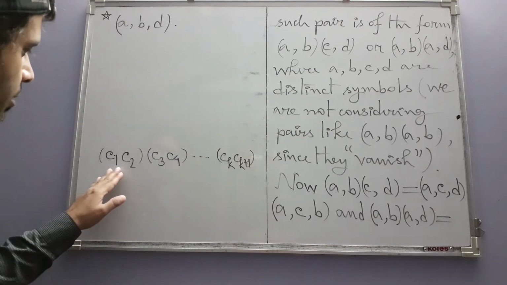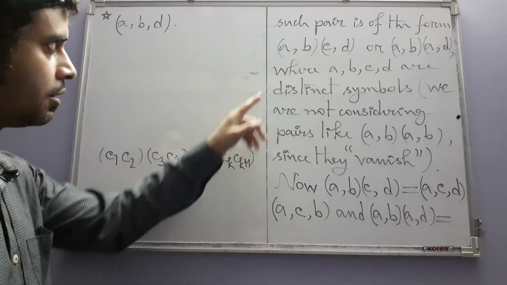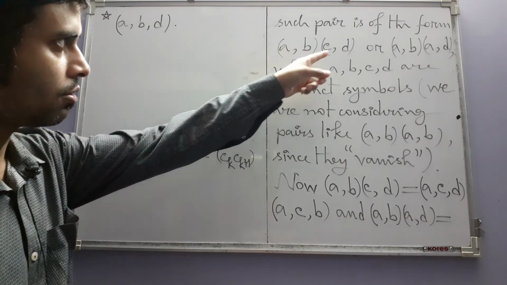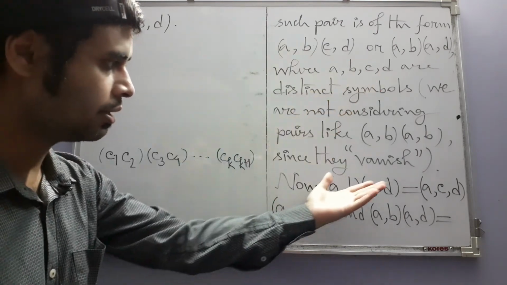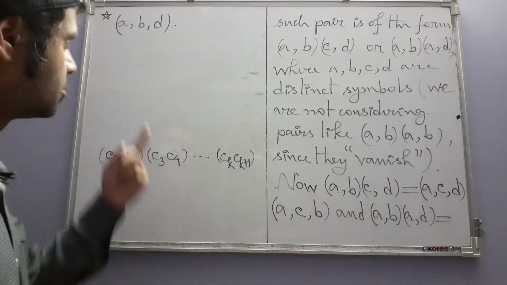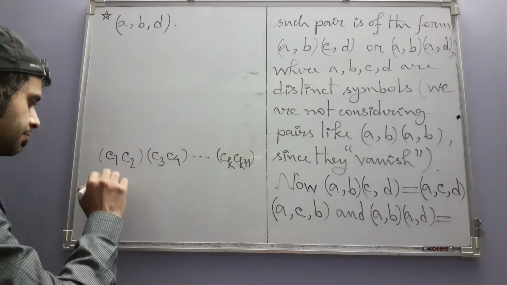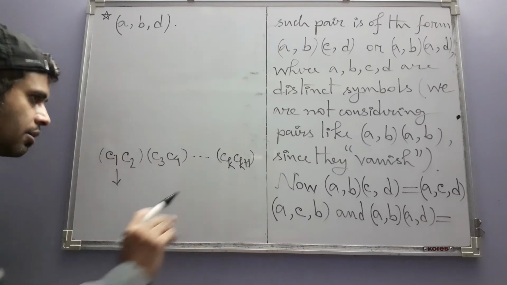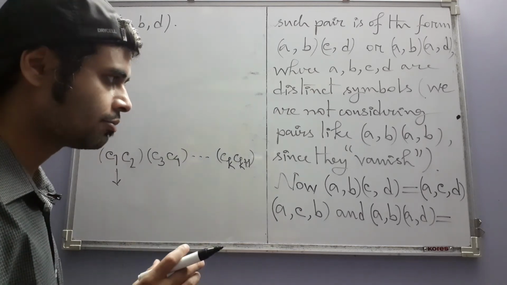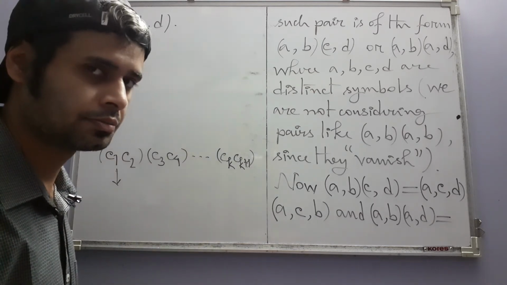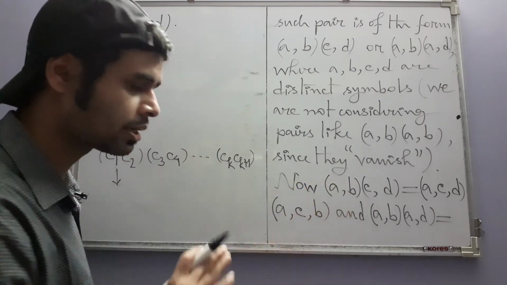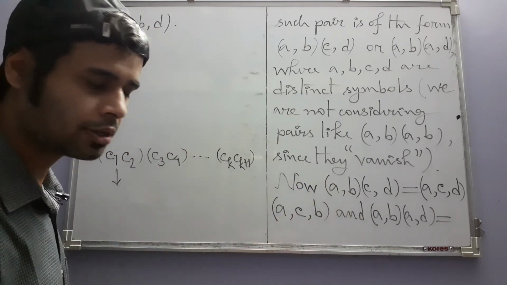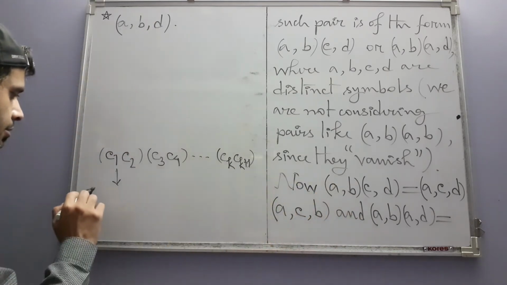Now we are saying that each of these pairs is either this or this, and accordingly either this or this. So each of these pairs is after all a product of 3 cycles. They are already products of 2 cycles, but actually they are also products of 3 cycles.